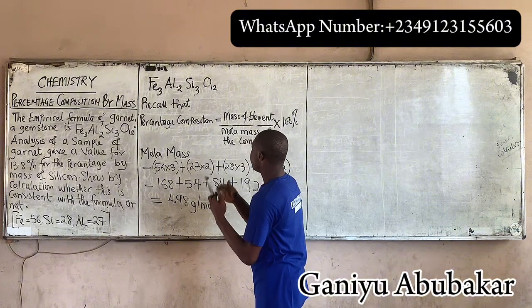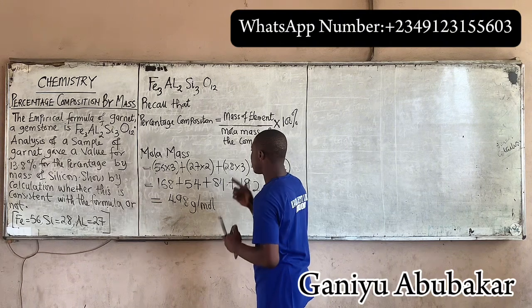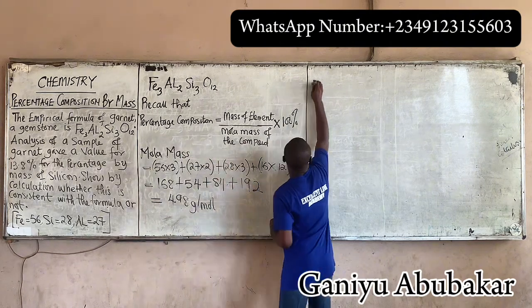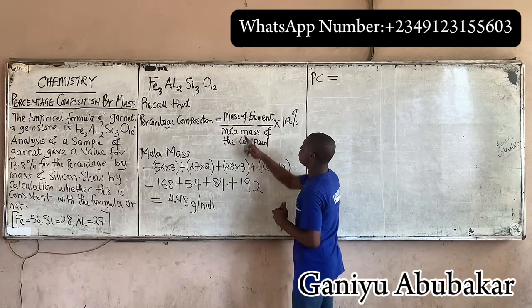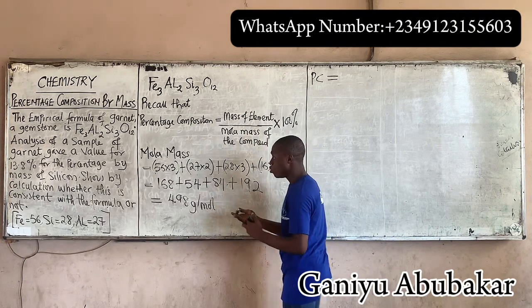By the way, we said we are going to find the composition of silicon. So the percentage composition of silicon is equal to the mass of silicon. What's the mass of silicon?